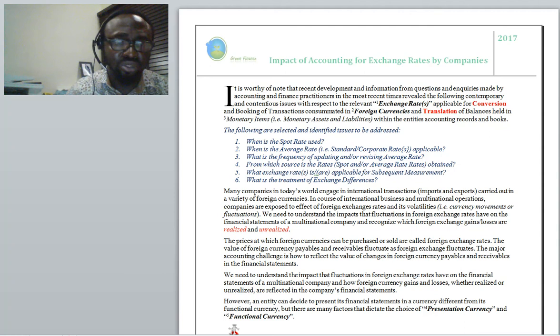The same thing happens to currency. As of today, we could say to buy 1 unit of dollar, we needed 500 naira, which then means that 500 naira per unit of $1 is termed the exchange rate of naira to dollar, which represents the value to which naira can be exchanged for 1 unit of dollar.